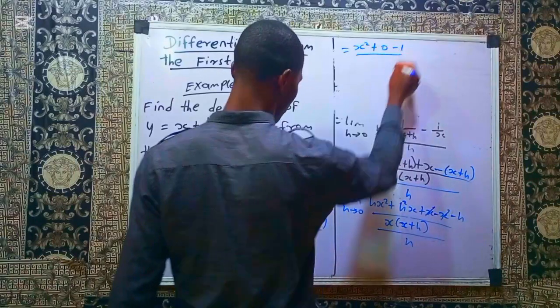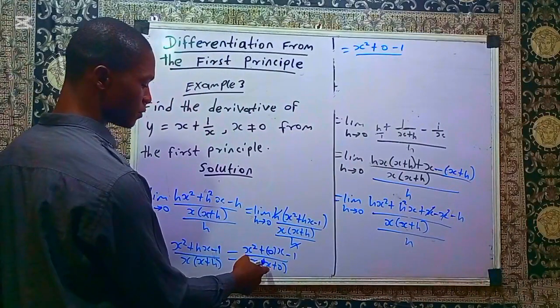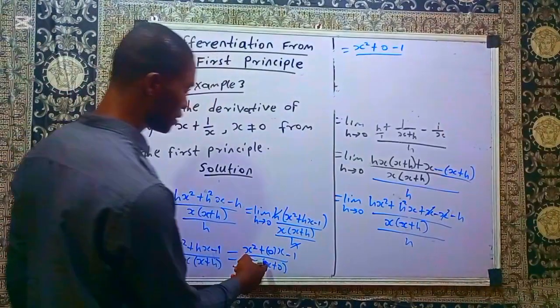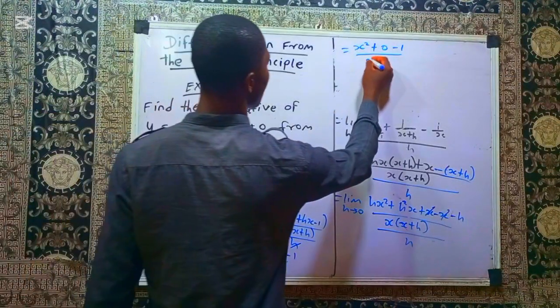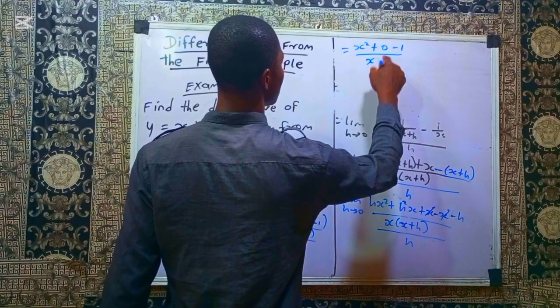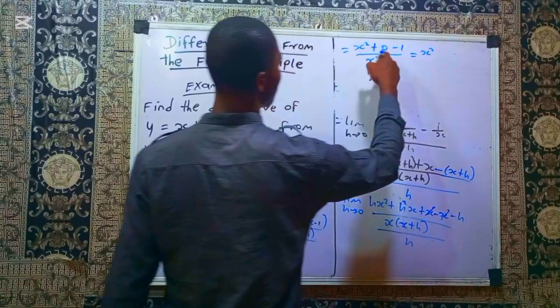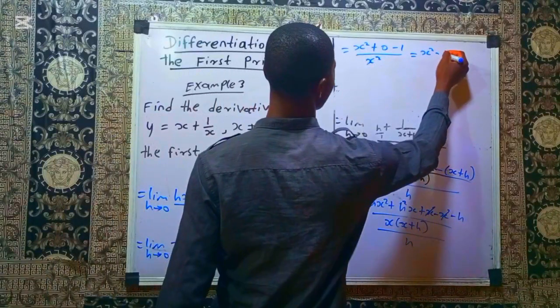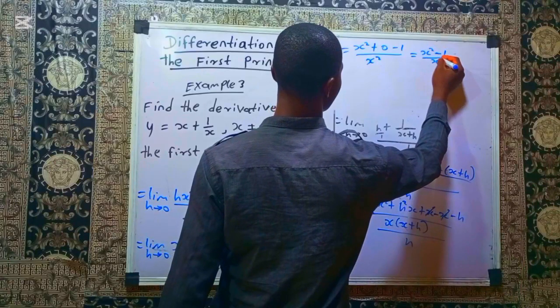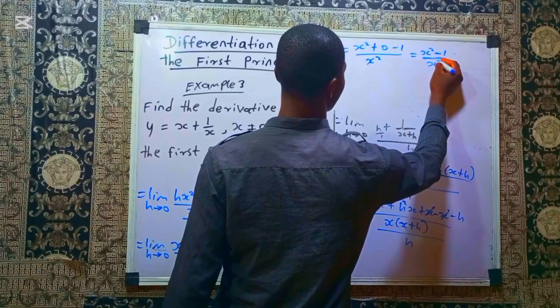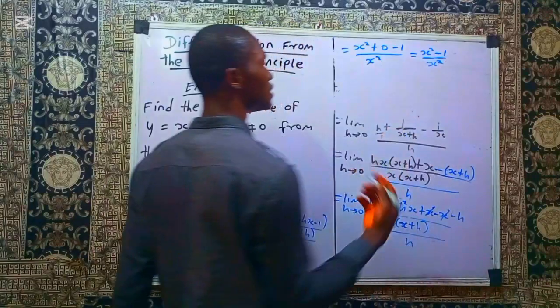Then minus 1 divided by x plus 0, which is x. Then x multiplied by x, I have x squared. So this will be x squared plus 0 is x squared, minus 1, all divided by x squared.